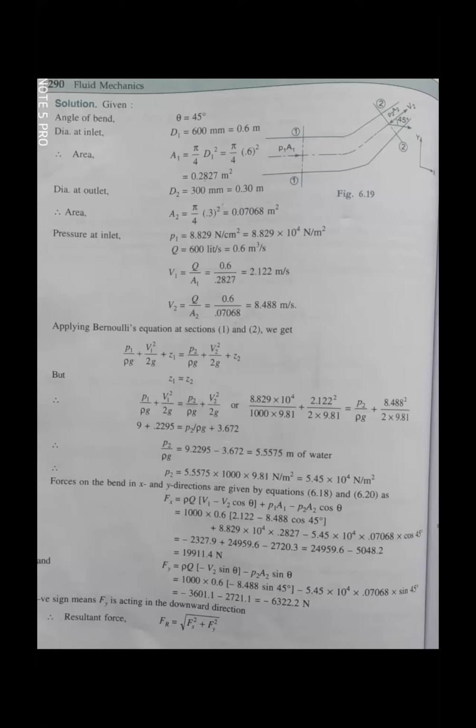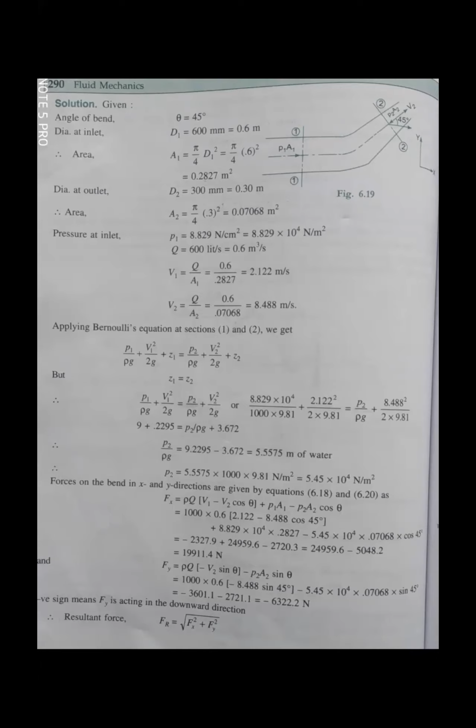Here, the pipe is assumed to be in the horizontal plane, but you cannot show it on paper like this. Horizontal means the pipe is running on the ground, for example, and somewhere it is bent by 45 degrees, so the flow direction is changed by 45 degrees.